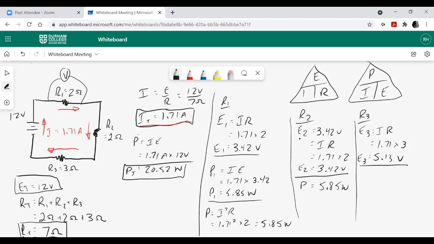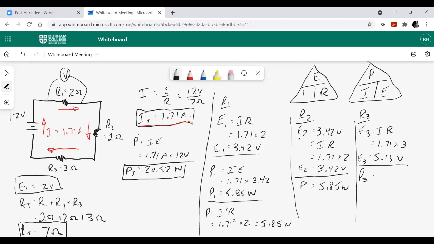So if I add up 3.42 and 3.42 gives me what, 6.84, and 5.13, that's 11, well, with the rounding, that's pretty damn near to 12. So I know I did that right. I just proved it to myself. If all my individual voltages add up to my source voltage, I must have done it right, or there's a pretty good chance I did it right anyway.